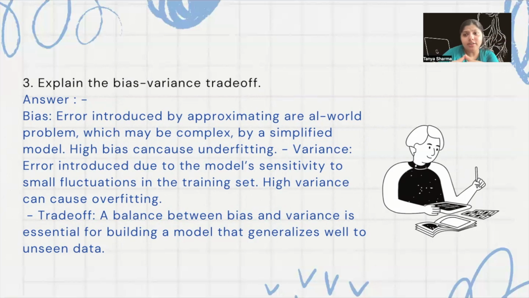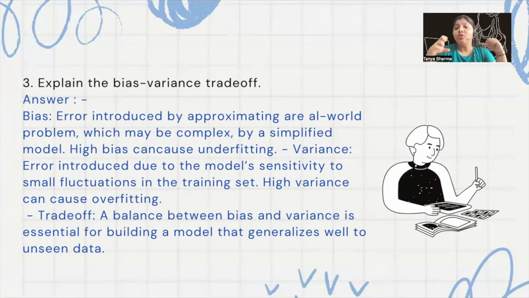We just recently discussed overfitting, but whenever we have high bias, it can cause underfitting. Variance is the error introduced due to the model's sensitivity to small fluctuations in the training set.